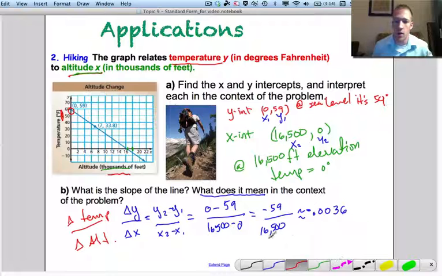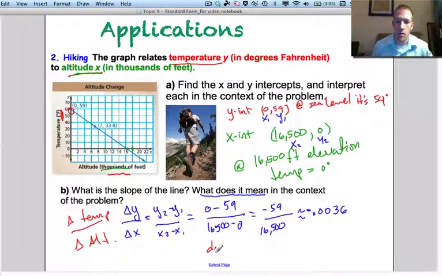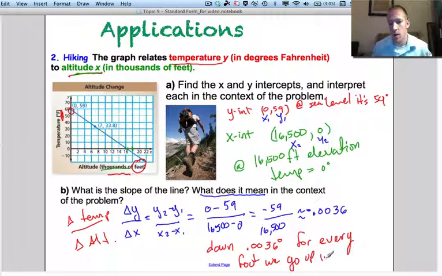So that means we go down 0.0036 degrees for every foot, because this is measured in feet, for every foot we go up in elevation. So if you go up 1 foot, it's not even close to a degree. If you went up 100 feet, it would be 0.36 degrees. Not a big deal. But when you're climbing 16,000 feet, obviously, that's a bigger deal.